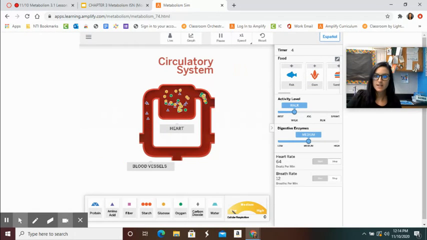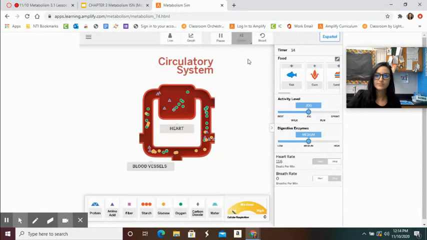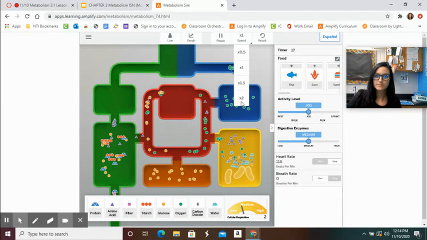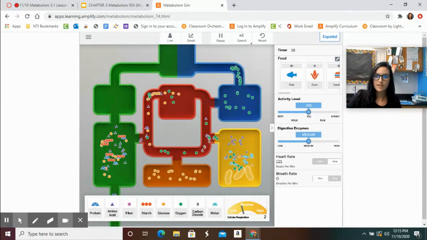We are setting it to jog. We are also going to stop the breath. And so going to speed it up. And observe.